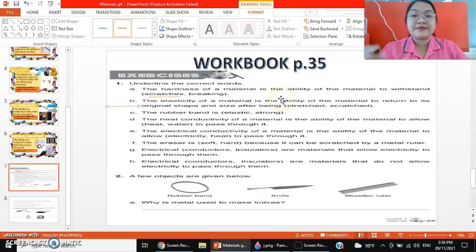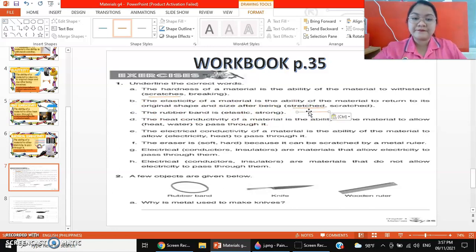Elasticity, is it being stretched or being scratched? 5, 4, 3, 2, 1. The correct answer is, very good, stretch.